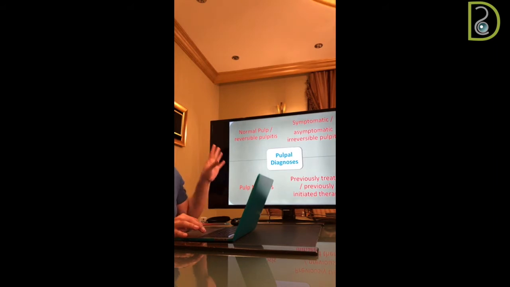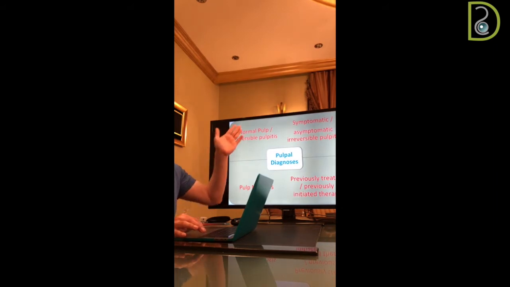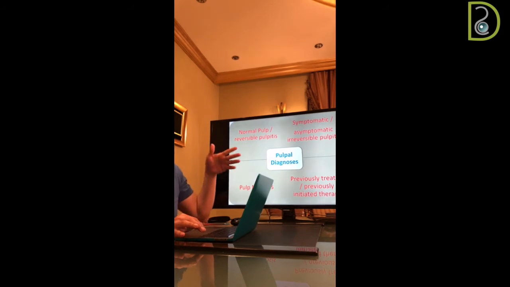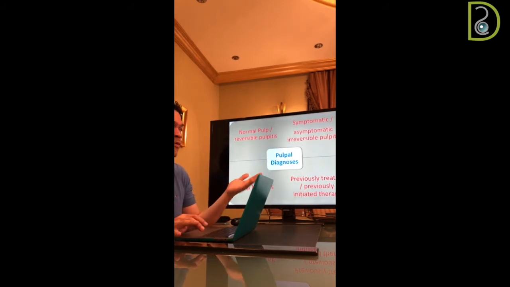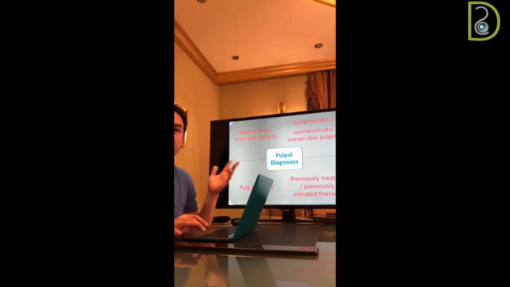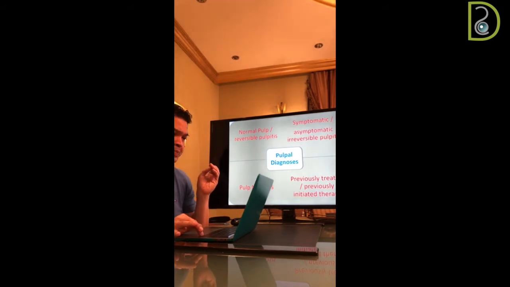What I usually start with is normal pulp, then pulpitis, symptomatic or asymptomatic, irreversible, or pulp necrosis, previously treated, that means RCT had been done before, or initiated, which is done always by pulp extirpation.